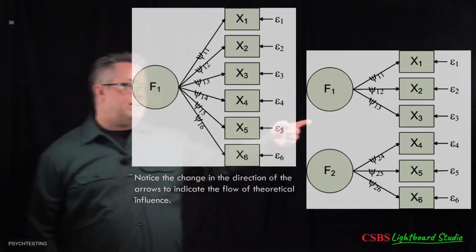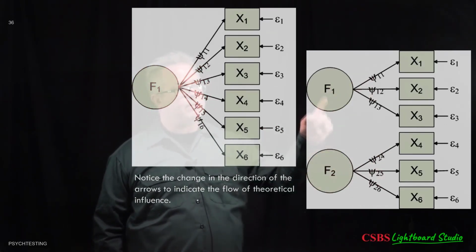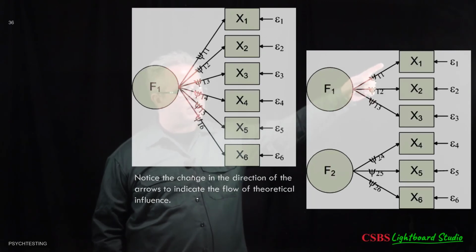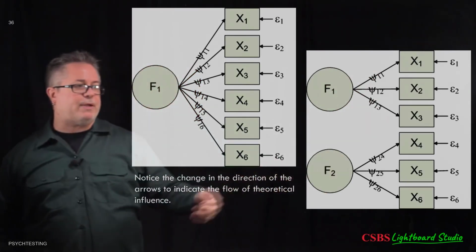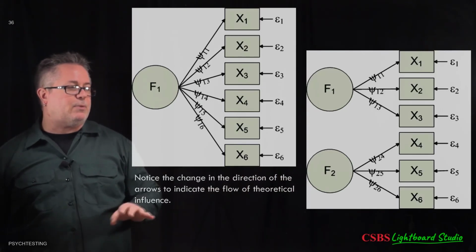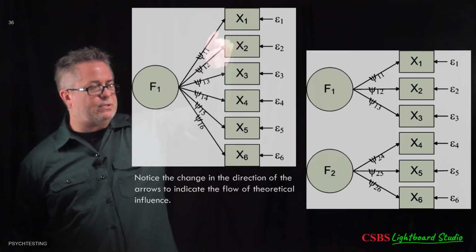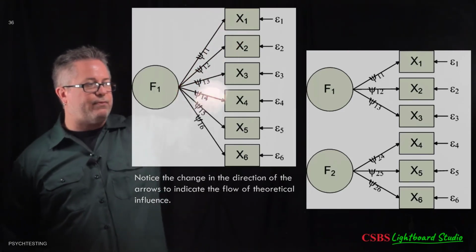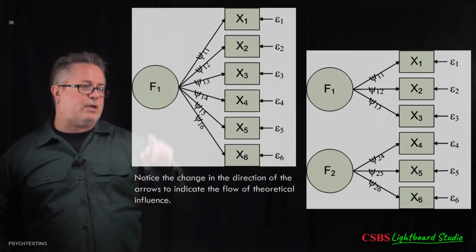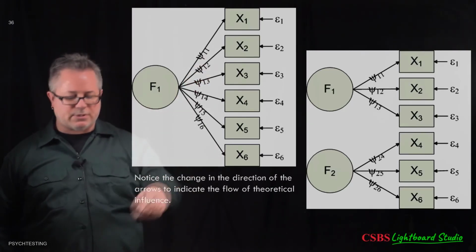On this side, I have a similar 6 items, but I'm thinking it requires 2 different factors, one factor driving the responses to the first 3, and a separate factor driving the responses to the second set of 3 items. But again, I want to point out that these psi values, the regression coefficients, are going from the factor to the items, representing that I think it is this factor that is driving the responses to those items.